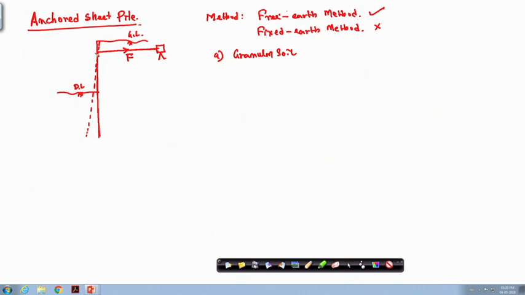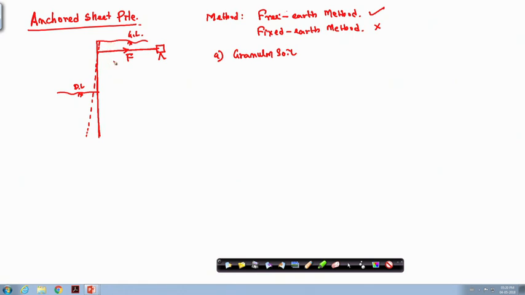Okay. So, here also this portion is active, this portion is passive, but there is a small portion above the anchor rod. So, this is the anchor position, and above the anchor position there is a small portion which is passive, but it is a very small portion.